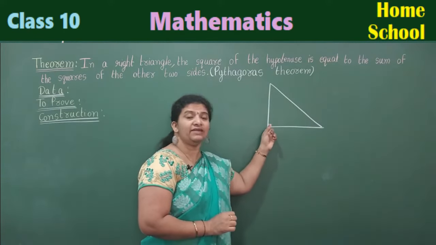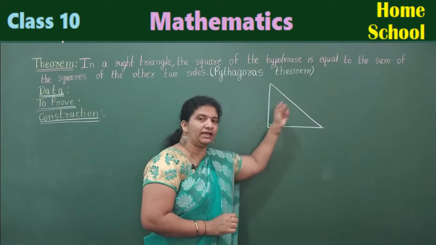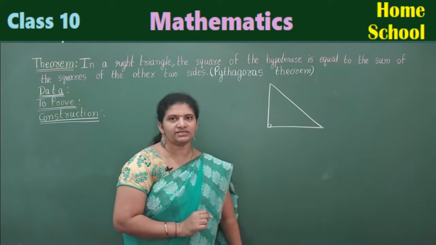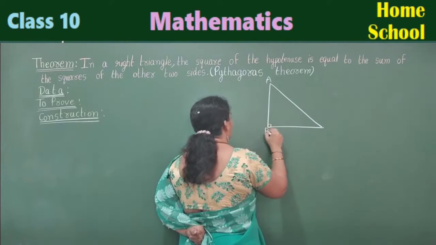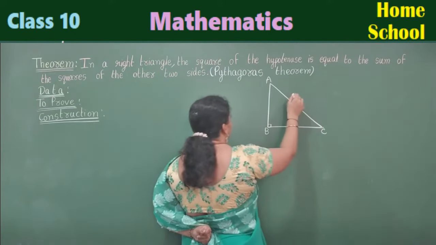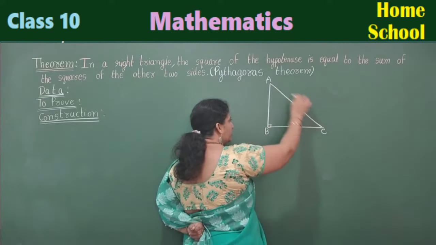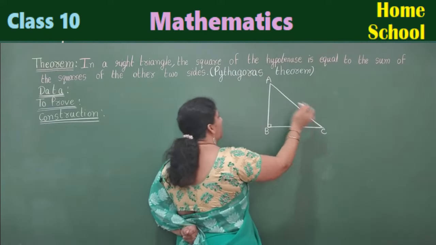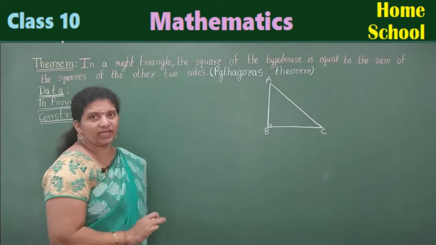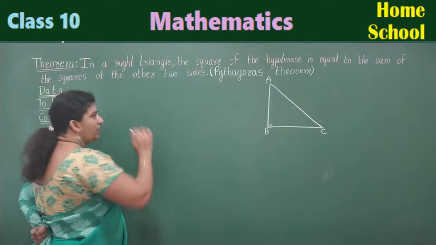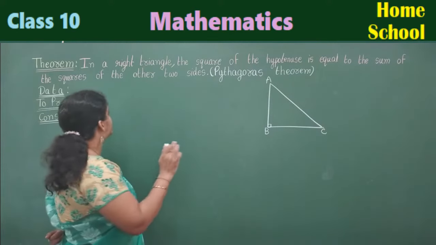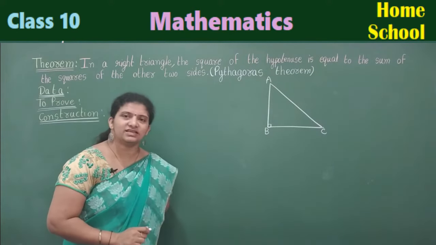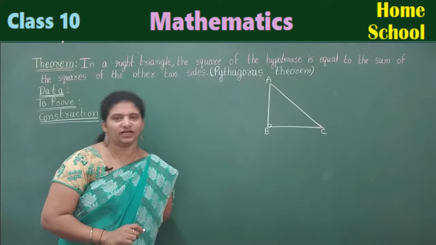The side which is opposite to right angle, that side we call it as a hypotenuse. So let's mark here A, B, C. The square of the hypotenuse AC square is equal to the sum of the squares of the other two sides. That is the statement of Pythagoras theorem.